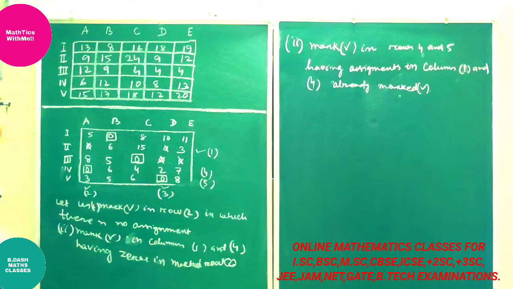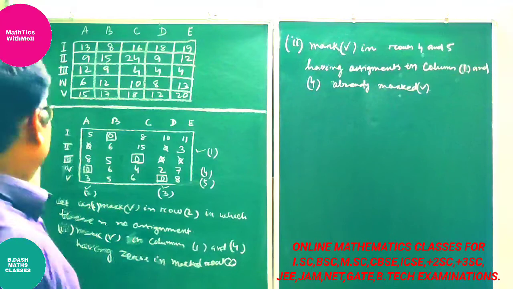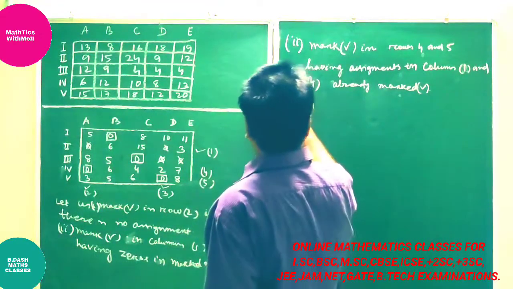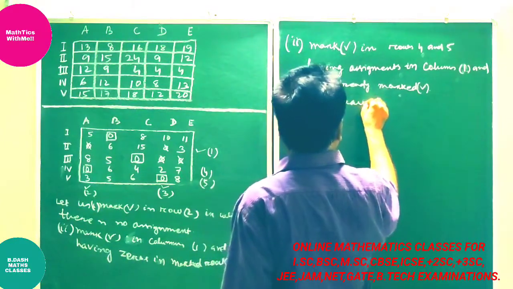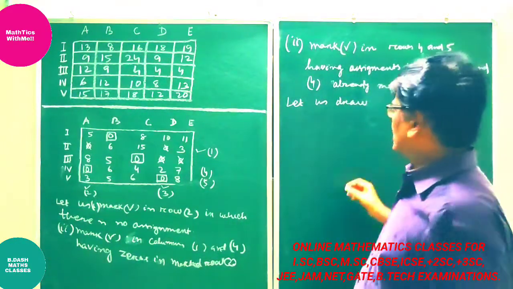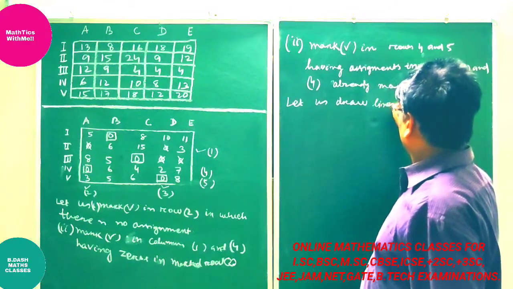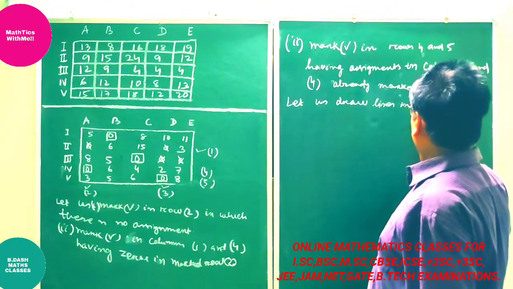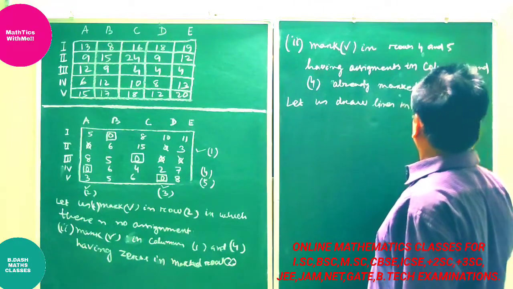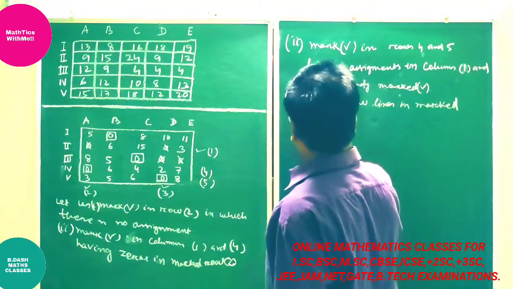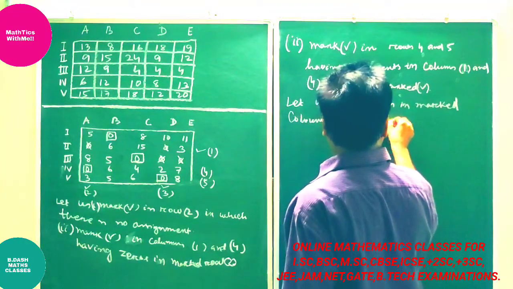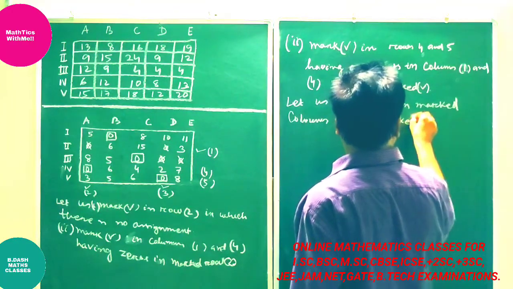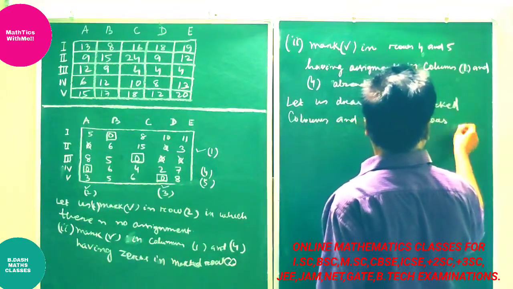So now let us draw lines in marked columns and on unmarked rows.